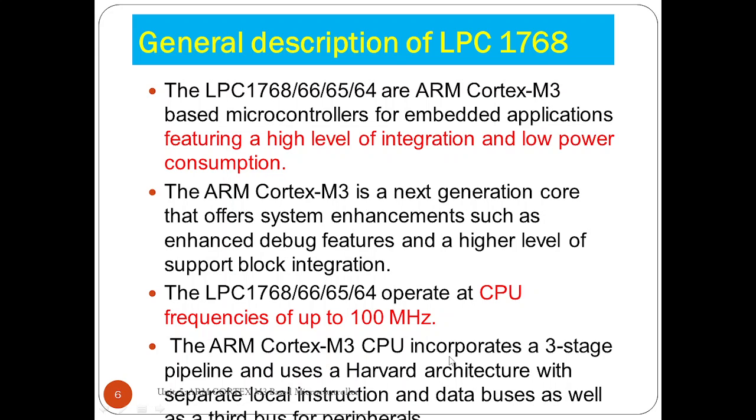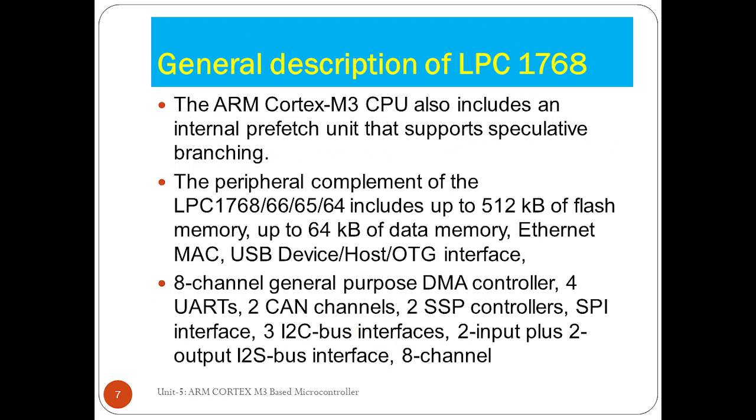The ARM Cortex M3 CPU incorporates three-stage pipelining. It uses a hardware architecture with separate instruction and data buses, as well as different types of bus architecture. The ARM Cortex CPU also includes an internal prefetch.